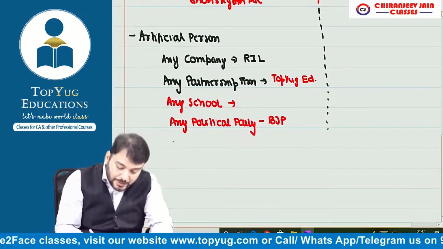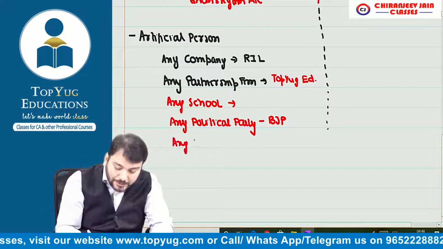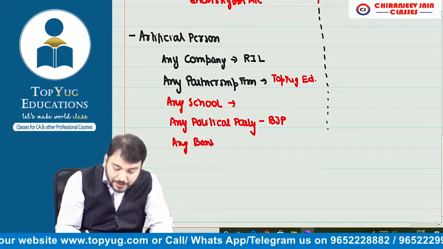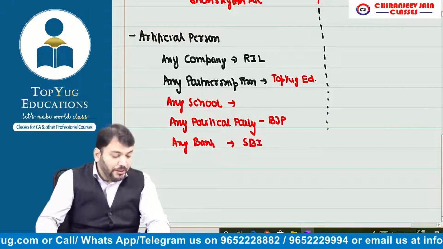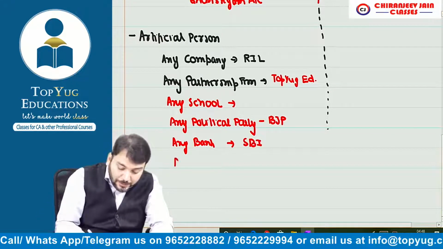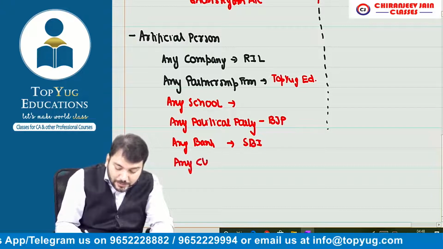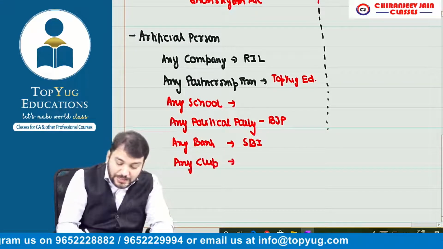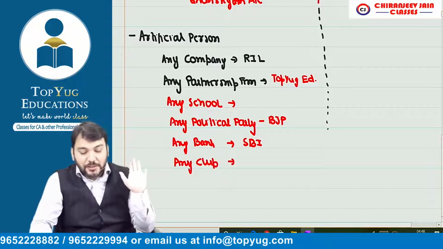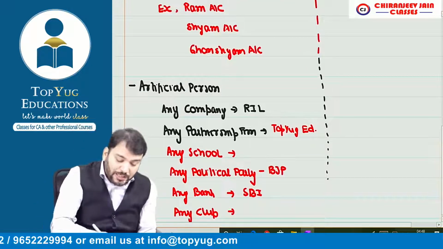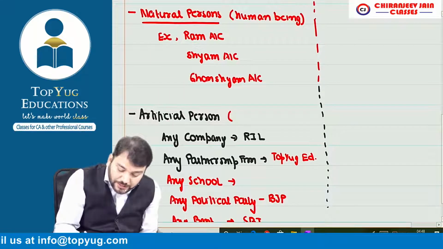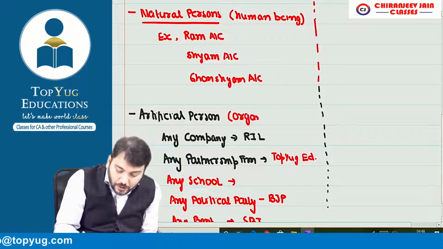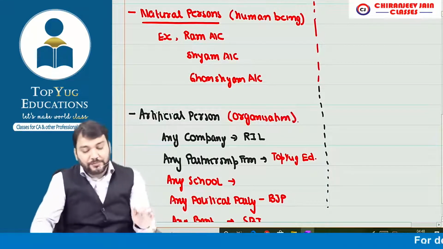Then any bank, State Bank of India, SBI, any club, you can write down the name of any club. So these are artificial persons. So artificial person relates to what? Any organization, correct, understood.